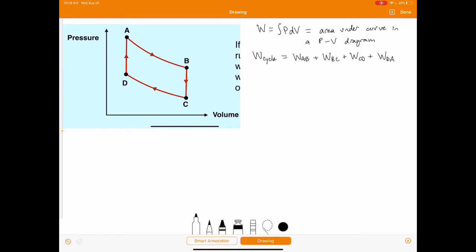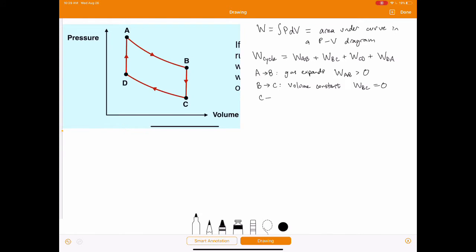So for each one of these, let's try to see what we can figure out about the work. So if we go from A to B, what we're dealing with is a gas expanding. So the volume increases, and we know that if the gas is expanding, the work is going to be positive. If we go from B to C, the volume doesn't change. And we know that in a constant volume process, there's no work being done.